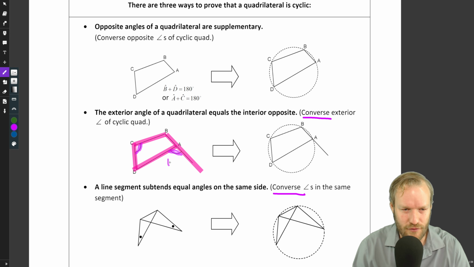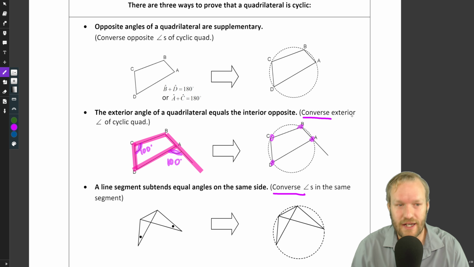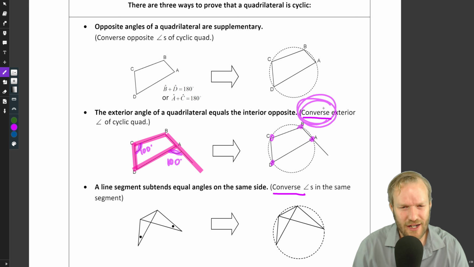So for example, if this is 100 and that's 100, then it means that A, B, C, D is a cyclic quad. In other words, you can draw a circle through those 4 points. Our reason: converse, exterior angle of cyclic quad. It's the same reason you remembered, but you must use this keyword converse in front of it. The way I think about it, it's like you're using the reason in reverse.